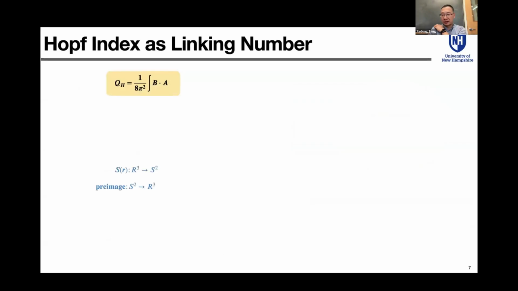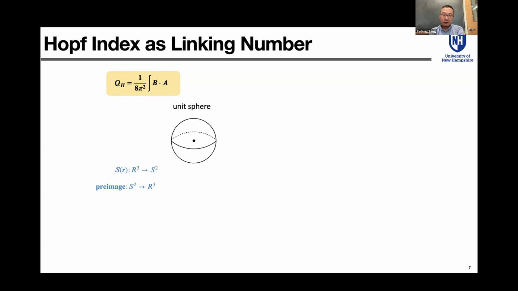A spin configuration is regarded as a map from 3 dimensions to S2, the spin space. But we can invert this map for any specific spin direction, and we can ask where in 3 dimensions the spin is pointing in that direction. Okay? And this equal-spin contour would be a closed loop for the Hopfion.